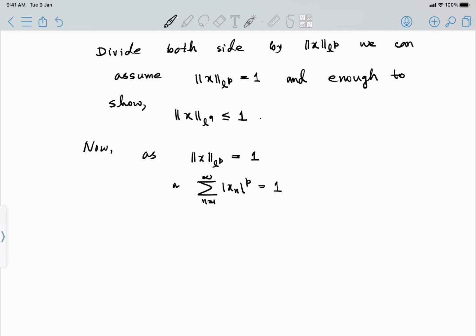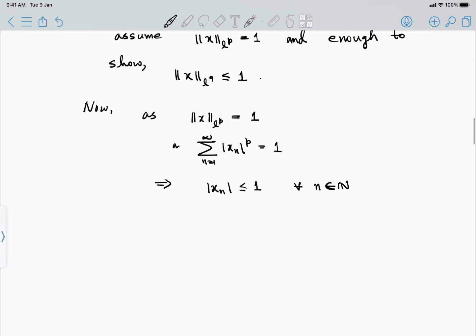If the summation of all the terms to the p-th power is 1, then |xn| is less than or equal to 1 for all n, because these are all positive numbers. So if the total sum is 1, then each term is less than or equal to 1.